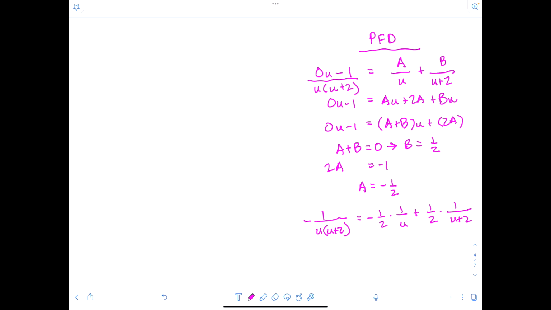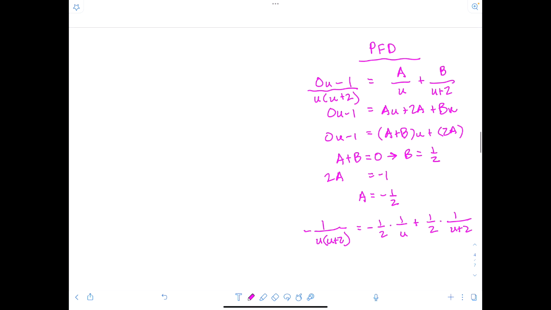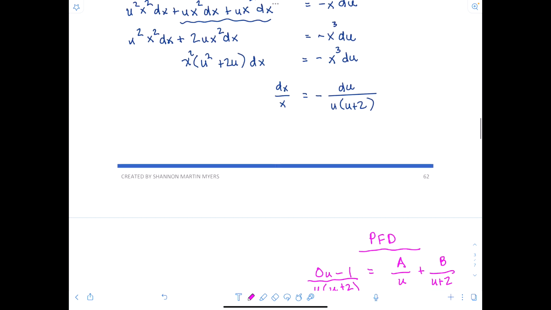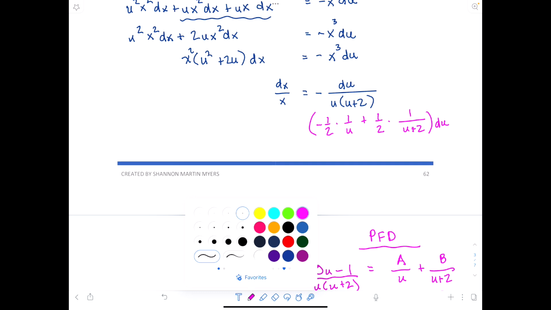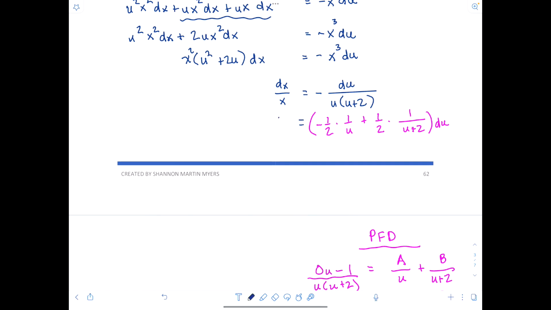Writing it that way, getting ready to factor out the constants. So when I write that over here, this will equal negative 1/2 times 1 over u plus positive 1/2 times 1 over u plus 2, all of that times du. And on the left-hand side, I've got dx over x.